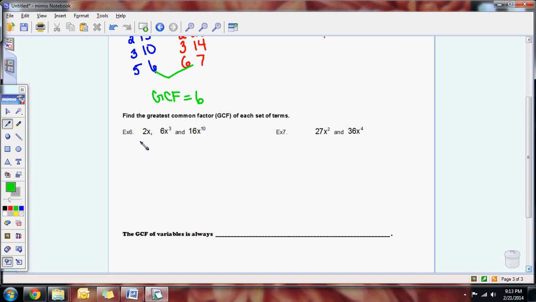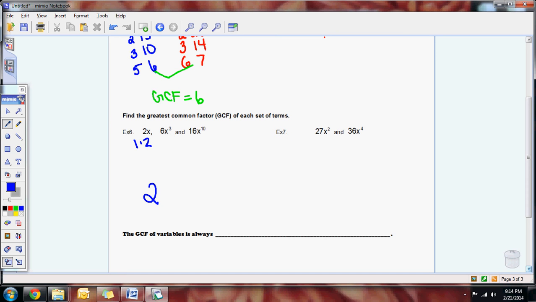So the only factors of 2 would be 1 times 2. So obviously, if that's the only thing I can do, I'm going to see if 2 can divide 6 and 16, and it can. So I automatically know that my greatest common factor is going to be 2 for these 3 numbers.